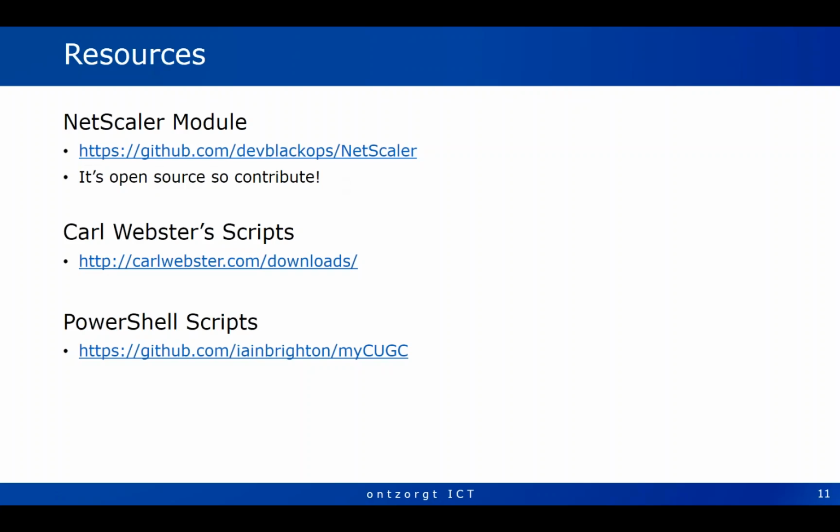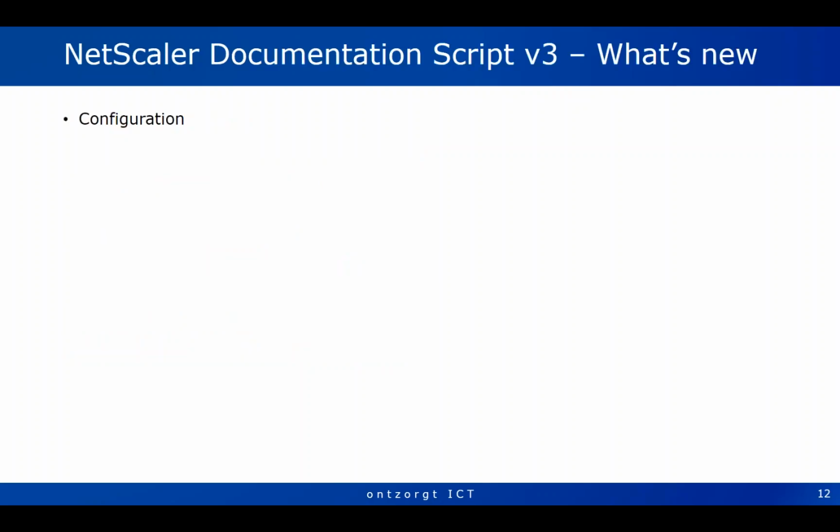StoreFront's the latest one that's gone up there, so if you need to document StoreFront as well, you can go up there and grab them. If you want access to the PowerShell scripts that are being used in this presentation and demonstration, then you can go and grab them from GitHub. I posted them up there, so they're all up there. They're very simple, but if you just want to go and have a play and grab some of that information, then you can do. And then I think I hand back over to Barry.